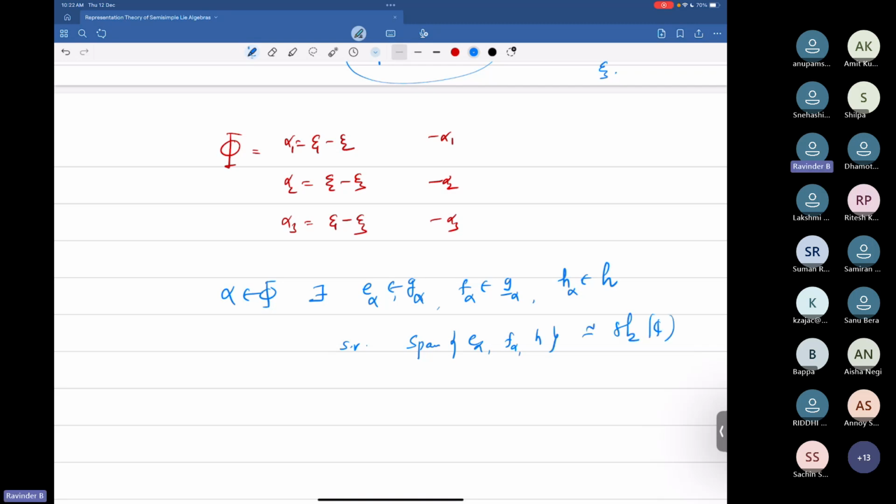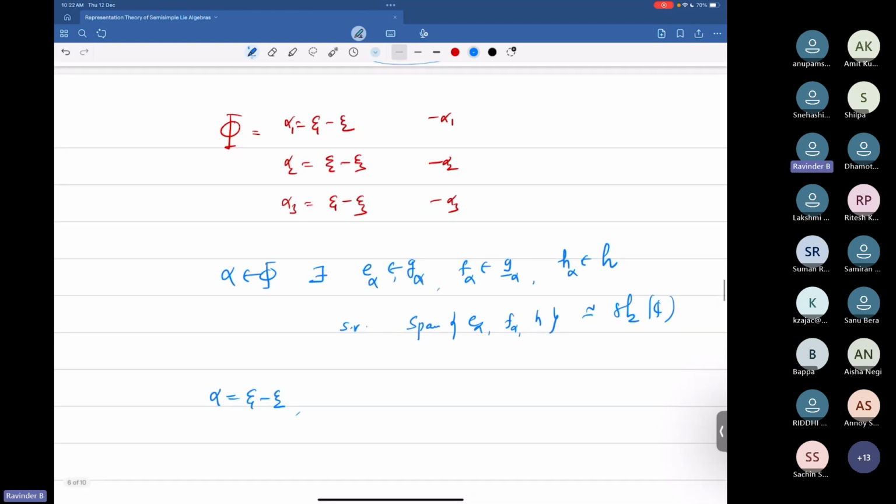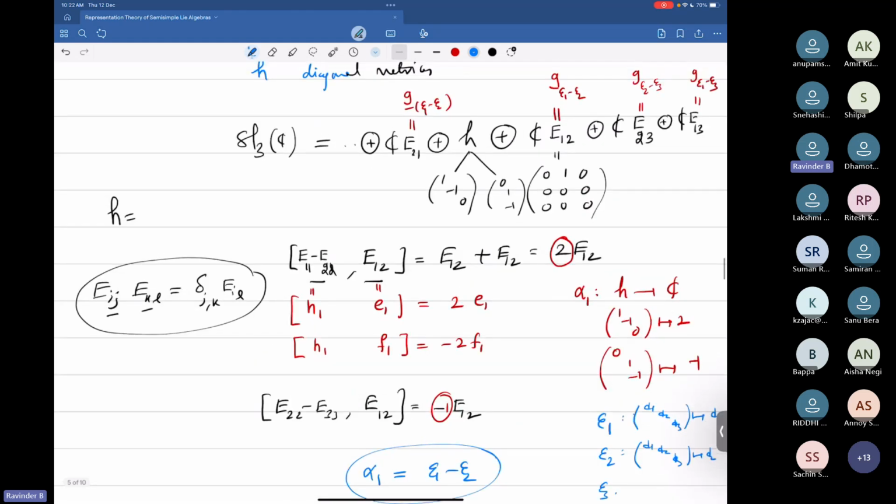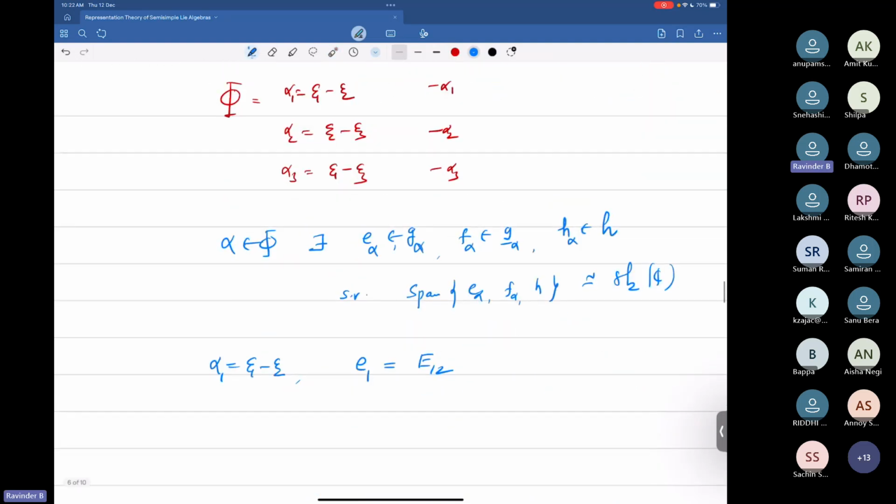For example, if someone asks me, if this is my root, what is an SL2 copy? So I take it as E1. If this is alpha 1, my E1 is E12. That's what I have taken. E12 is given by this, right? And E21, that is in the minus alpha. So E21 is F1.